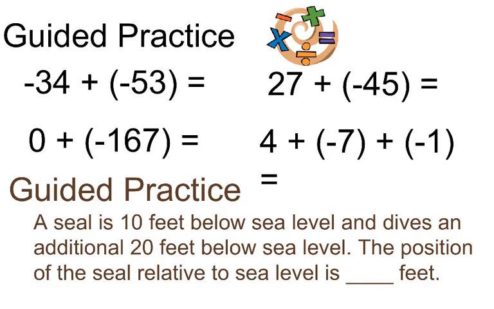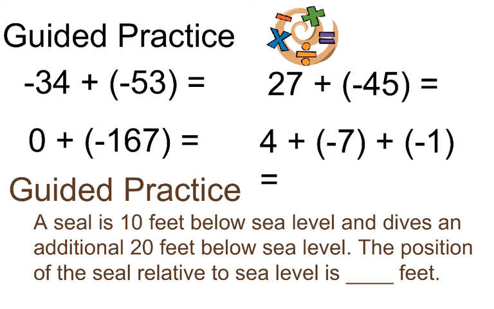So now I want you to take a minute to try the guided practice problems. You have negative 34 plus negative 53, 0 plus negative 167, 27 plus negative 45, 4 plus negative 7 plus negative 1. And then you have one word problem.